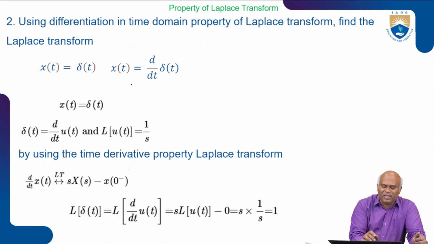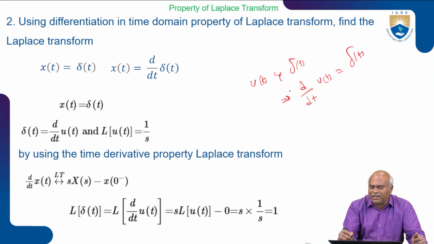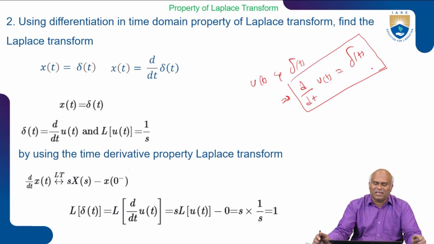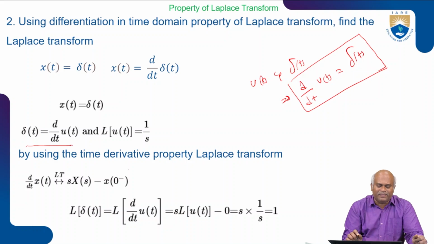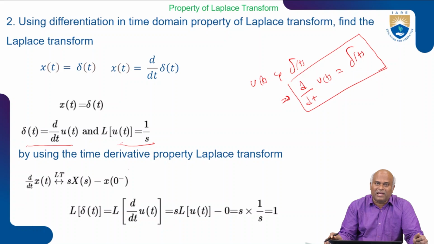Here delta of t is equal to d by dt of u of t. The relation between the unit step signal and the unit impulse signal is that differentiating u of t gives delta of t. The Laplace transform of u of t is equal to 1 by s, which we studied in the last session.